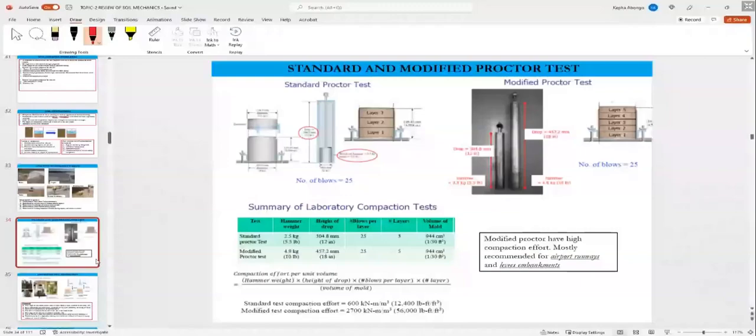Blows per layer is 25. The weight of the hammer is 4.9 kg, with a drop height of 457.2 millimeters. So then the compactive effort differs between standard and modified.